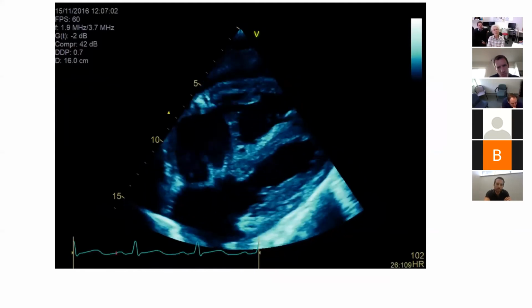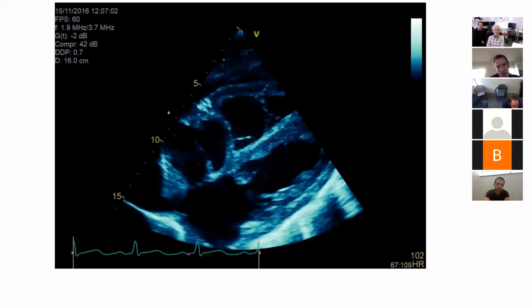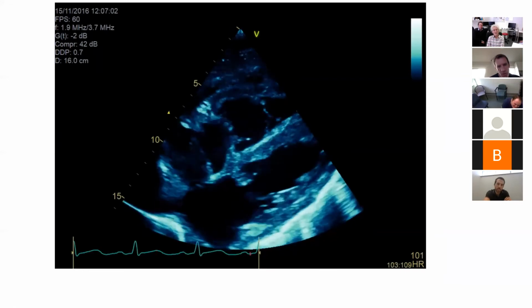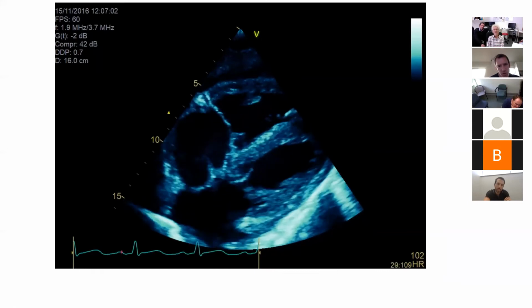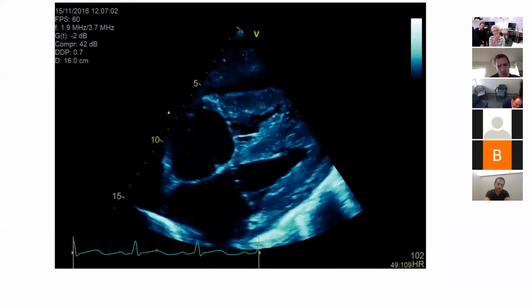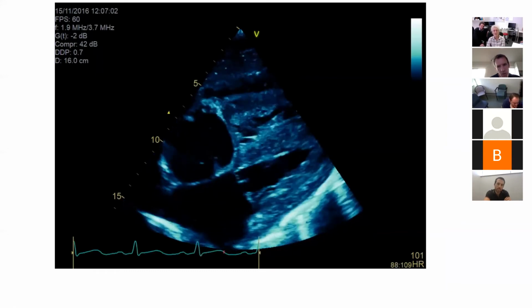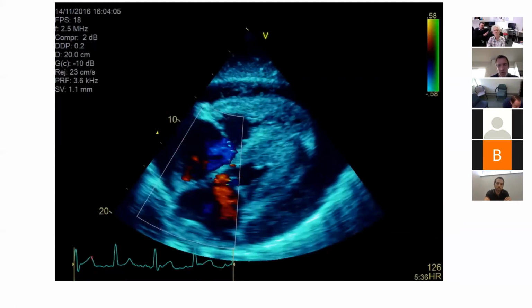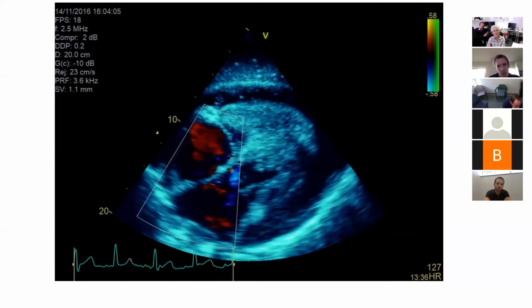I hardly see the tricuspid valve moving here on my clip, so I'm not sure whether I would pick up all the vegetations, but it certainly seems thickened on some of the views that I get here. No, it's actually normal at this stage. Is it? Okay. All right, but anyway, there's significant tricuspid regurgitation, as you showed me in the next view.